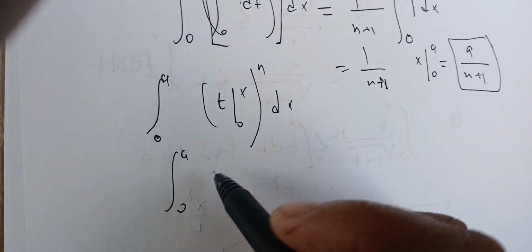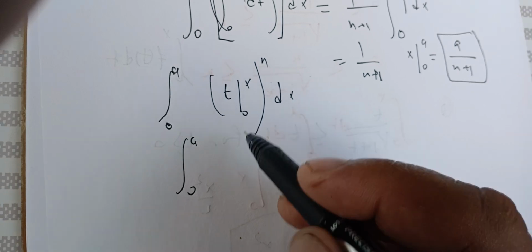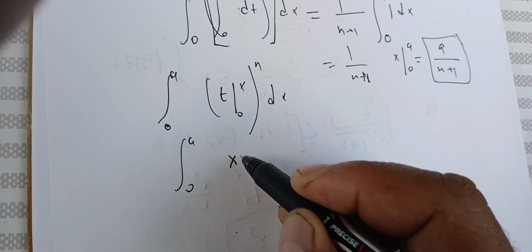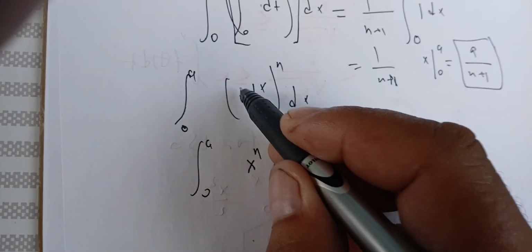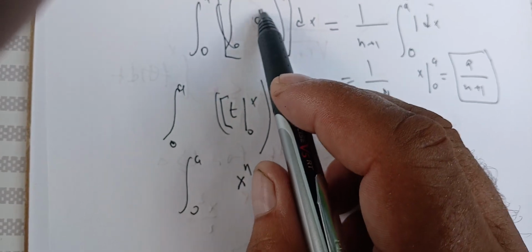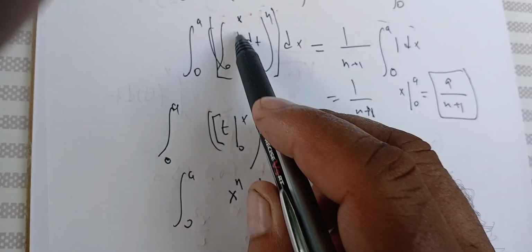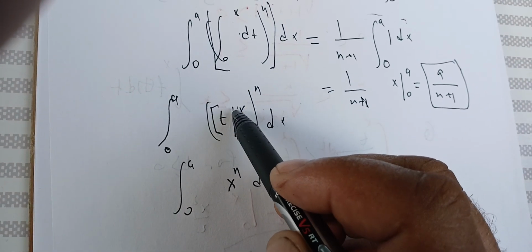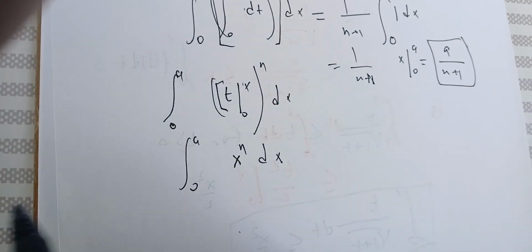Once I evaluate t between 0 and x, I get x to the power n dx. Because remember here, I'm integrating with respect to dt, therefore I have t, and I'm evaluating t between 0 and x, so I get x minus 0, and I have this power n, so I have x to the power n dx.